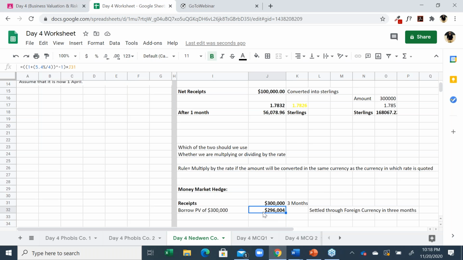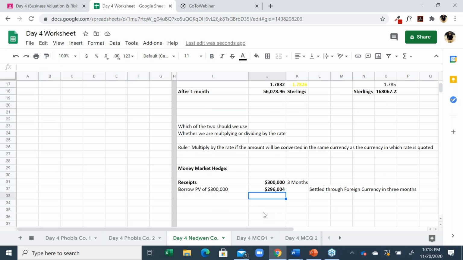So we have to invest it in another investment. So invest 269,004 dollars.